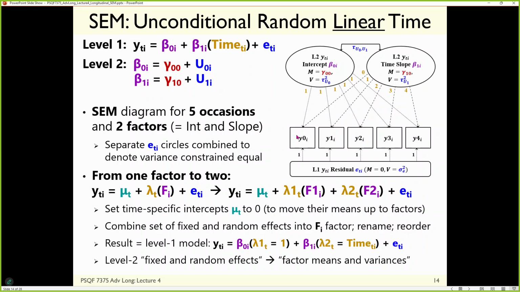Likewise, do you see any bendy arrows, 2-headed arrows among the boxes here? Nope. That is consistent with the idea of no residual covariance. So zeros in the off diagonals of the R matrix. What if I want to say occasions that are next to each other should be related? Could I do that?